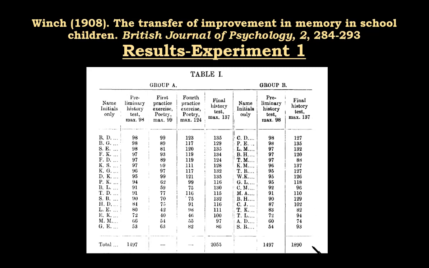One thing that is interesting is that Winch provides the whole data of the study in the paper. This is a very good feature, which for a very long time disappeared from psychology journal articles. The measures that we are going to learn in this course are the ones that started to be reported rather than the full data.